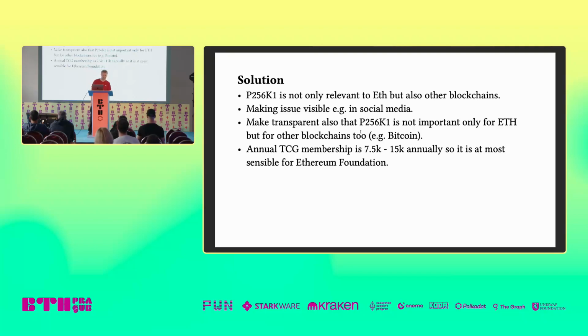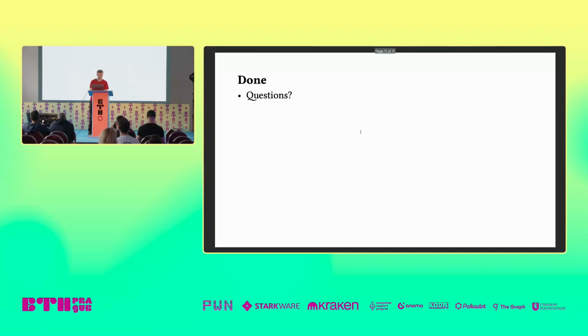So if I was active in Ethereum, I would contact these companies and talk to them about this issue, and then they could bring this up within TCG meetings. I think that might possibly be the best road to get this in. But yeah, questions?